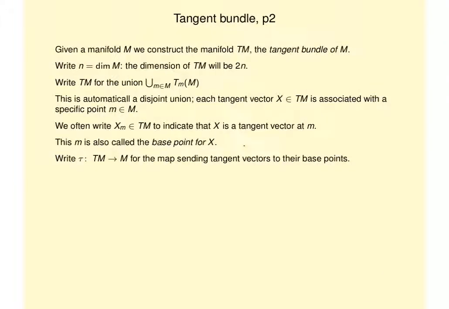So now let's look at the actual manifold structure. First of all, an arbitrary manifold M. I'm going to say that TM is simply the union of all the tangent spaces.